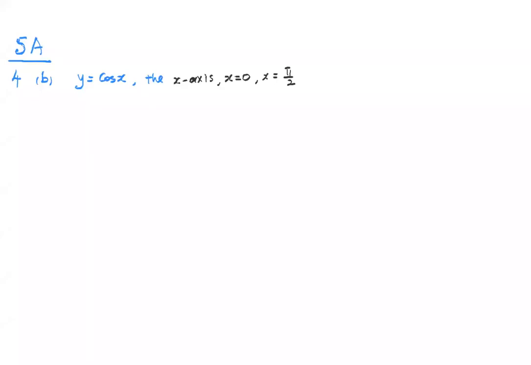So what you want to do is you want to find the area. You have to integrate from 0 to pi by 2 cos x dx, correct? So you use your graphic calculator, FNINT, you get it as 1.